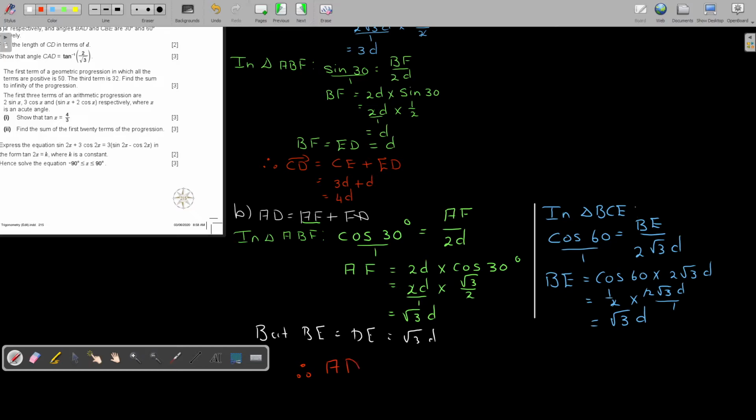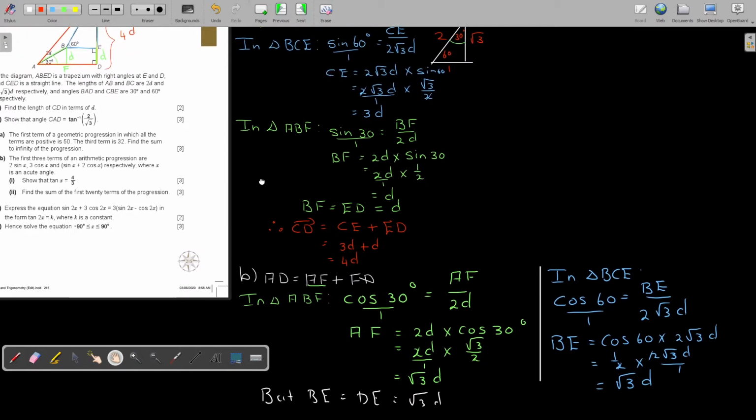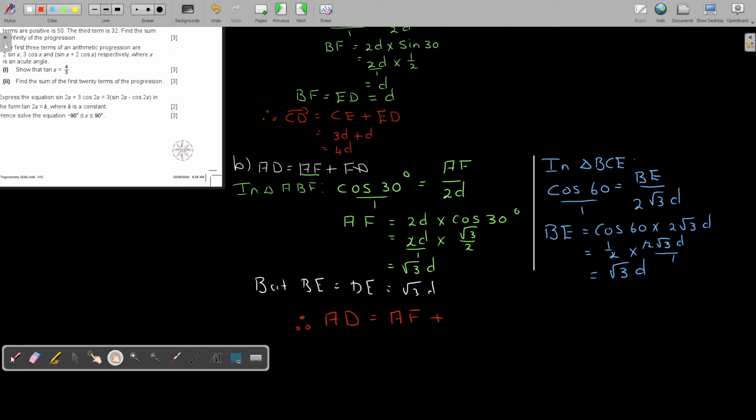AD equals AF, and I'm writing it just again, plus FD, that's standing FD. And that is square root 3D plus square root 3D equals 2 square root 3D.